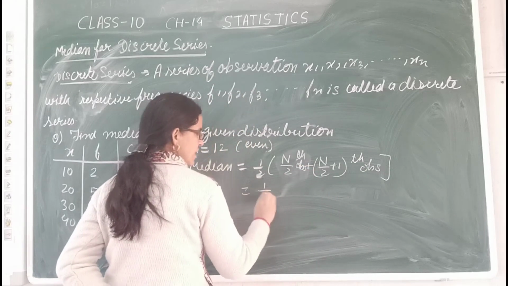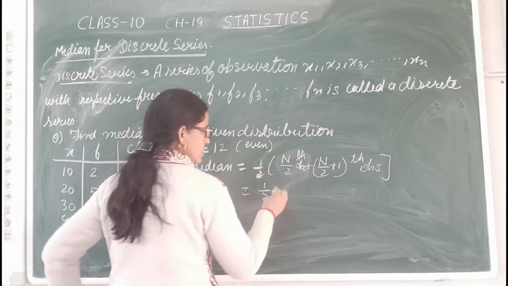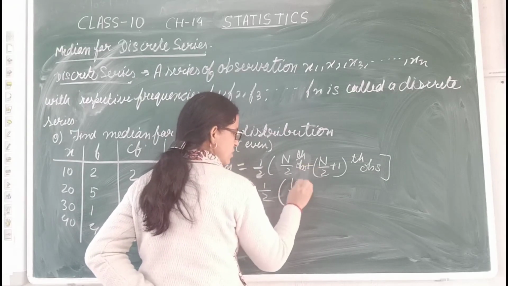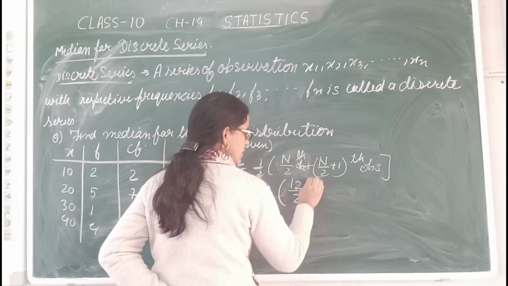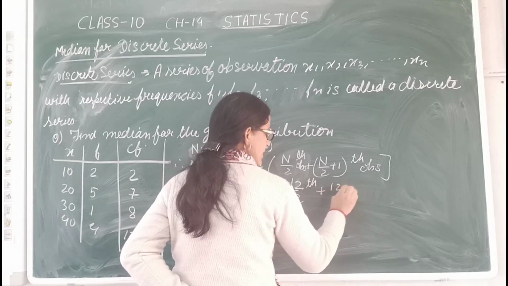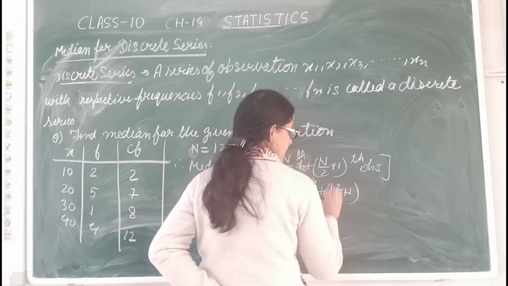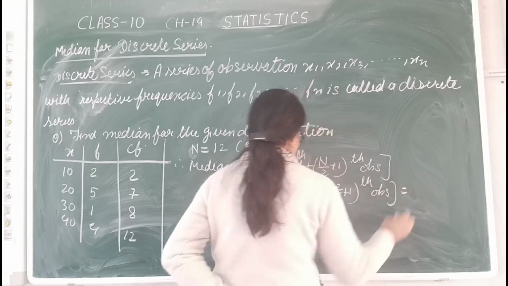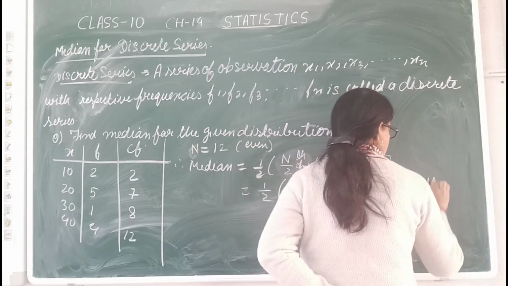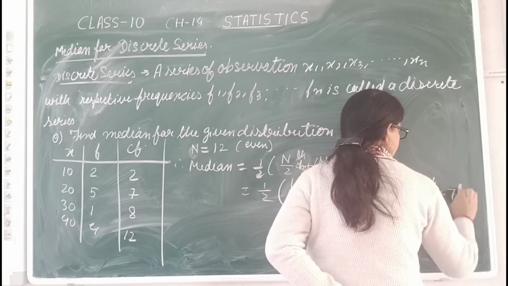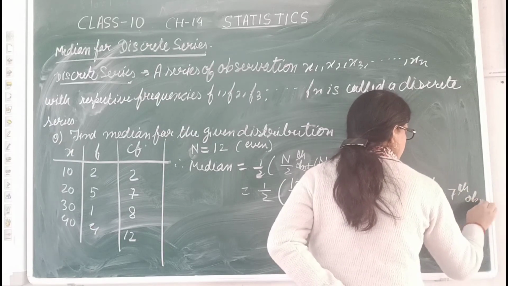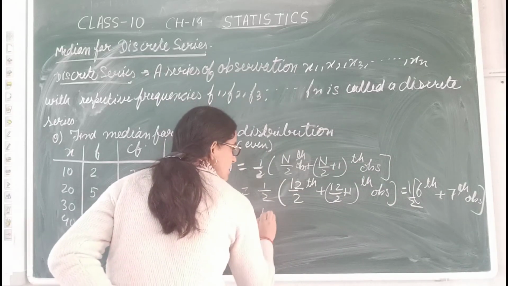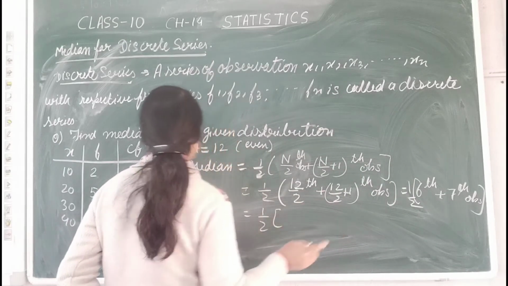So equals half of, N is 12, directly also we can write 6: 12 by 2th plus 12 by 2 plus 1th observation. So this equals half of the 6th plus 7th observation. This will be half of the 6th and 7th observation.